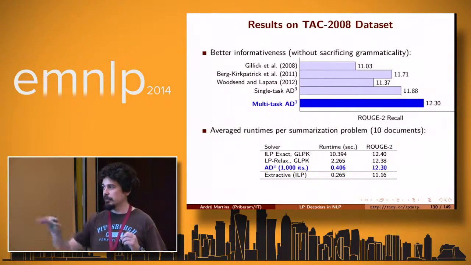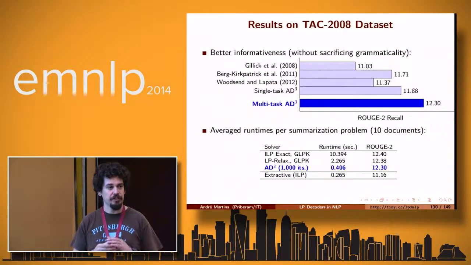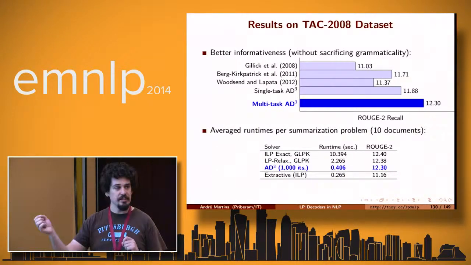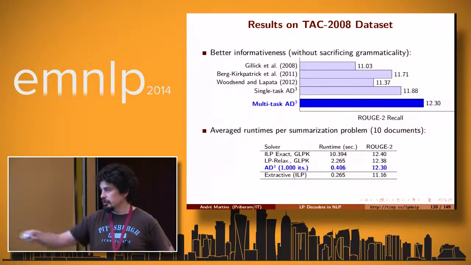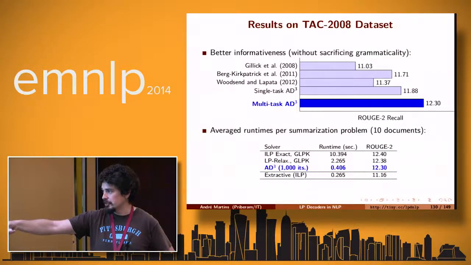So we observed in practice that for summarization problems, most of the solutions are fractional and not integer. But with the heuristic that we used, which is a very simple heuristic, we mapped the final solutions to something that represents a valid summary, and it improves the quality by a lot. We compared the solutions that came out from the ILP procedure with the ones that came out from AD cubed.